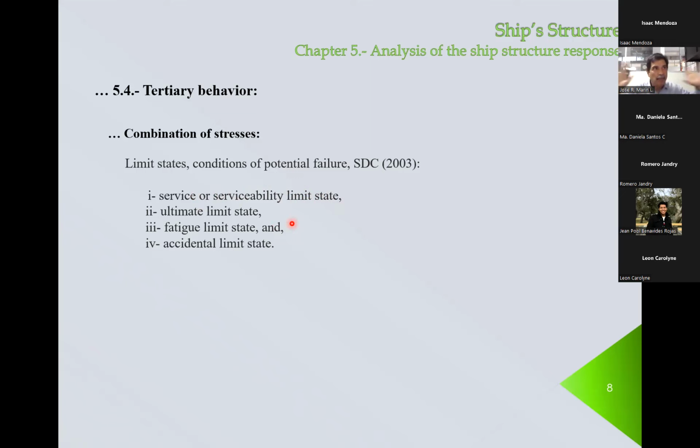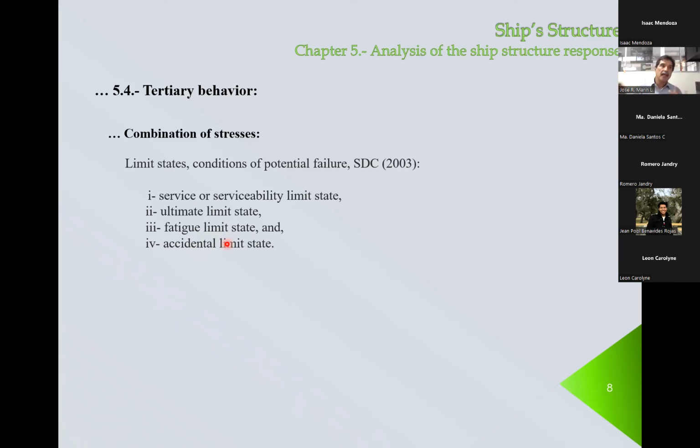Okay, that's a common situation. But for the same plating, you also have to consider a possible accident. That means that you have to consider that this plate could be in this limit state. So you have to have two formulations and you have to select the thickness, so you are covered in both cases. Okay, that's something which is very interesting.